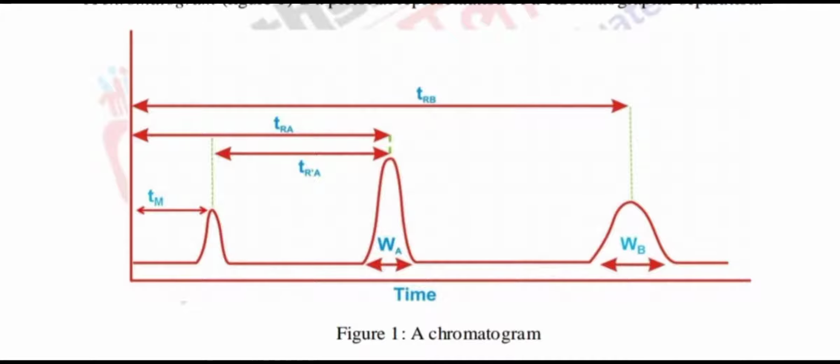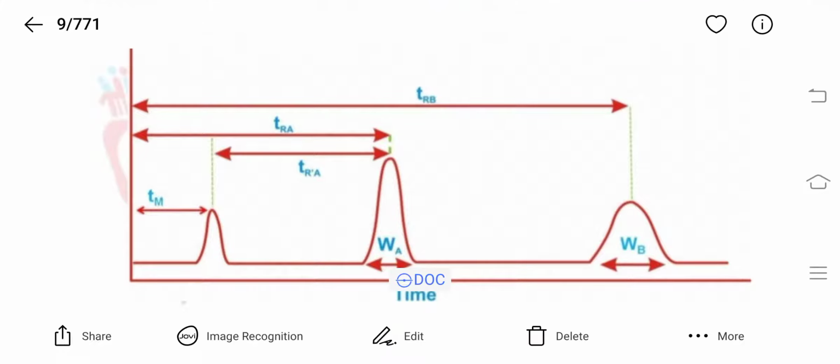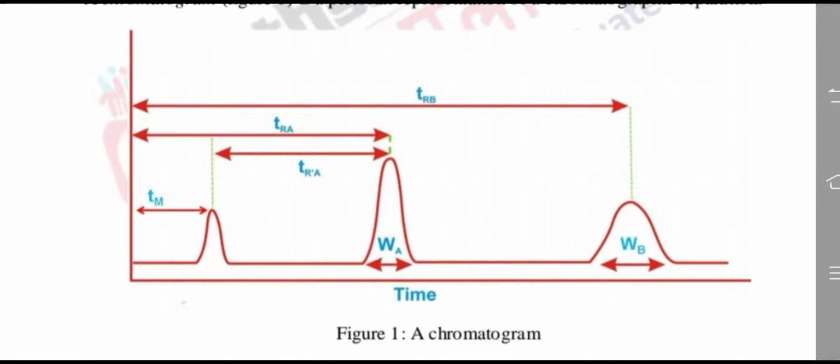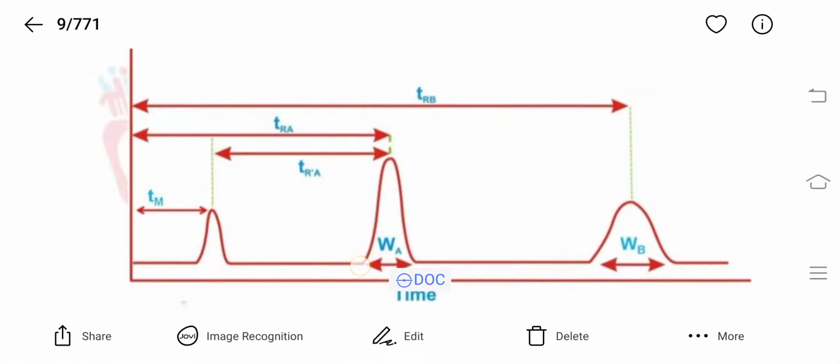It has taken this much time to travel in the stationary phase and it has given a peak. It has been retained here, and after that the second component traveled here. It has more concentration, that's why it has taken more width and more height.